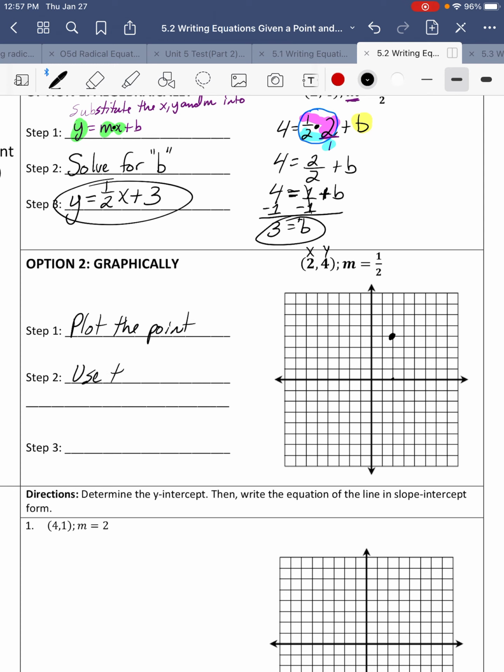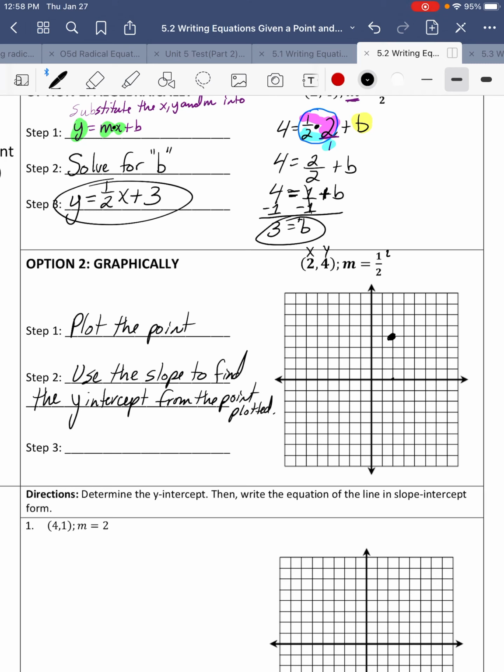Step 2 is use the slope to find the y-intercept from the point plotted. So the point plotted was here at 2, 4.